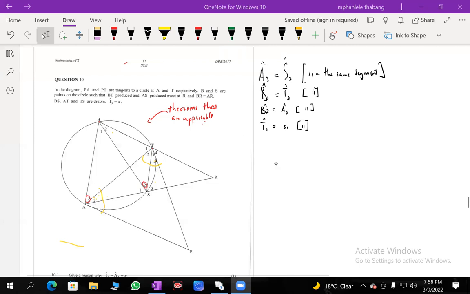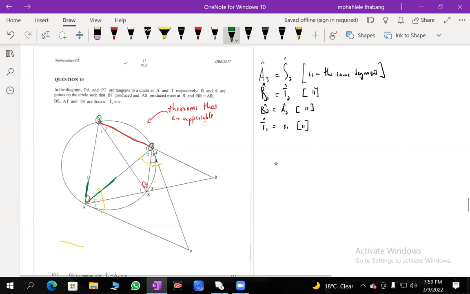Why is angle A3 equal to S2? We say these angles are subtended by the same chord, namely BT. Ask yourself, how is angle A3 formed? Angle A3 is formed by this line and this other line. This line comes from B and this line comes from T. So we say angle A3 is subtended by BT.